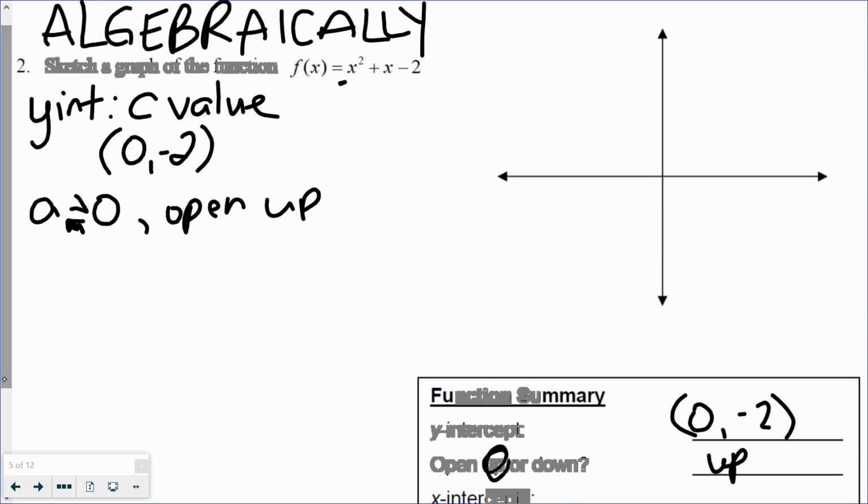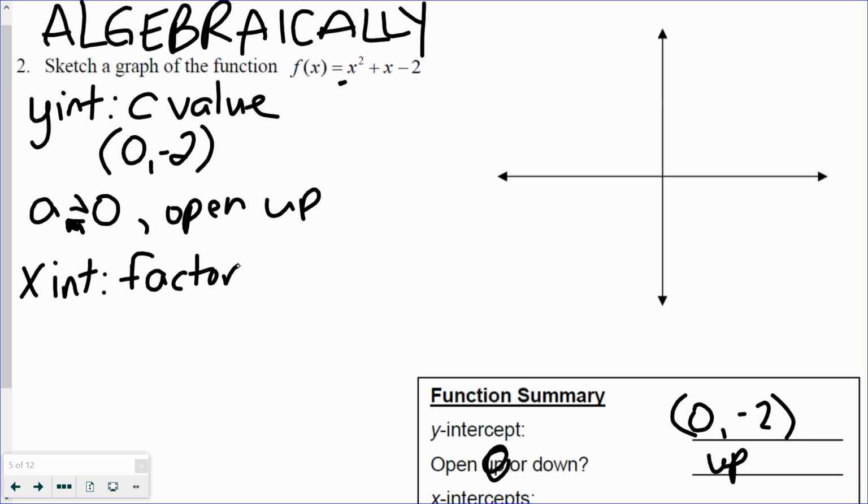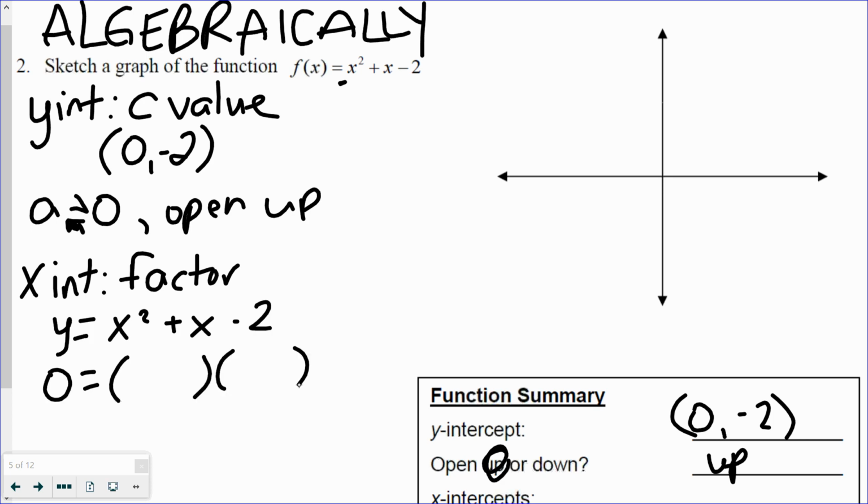The x-intercepts. We need to factor it in order to be able to determine the x-intercepts from here. So again, factoring by inspection, we're looking at two values that multiply to be equal to -2 and add to be equal to +1.